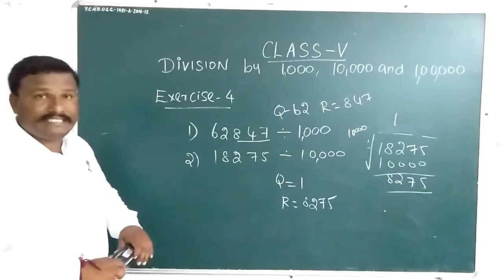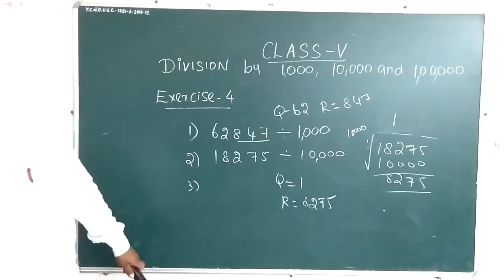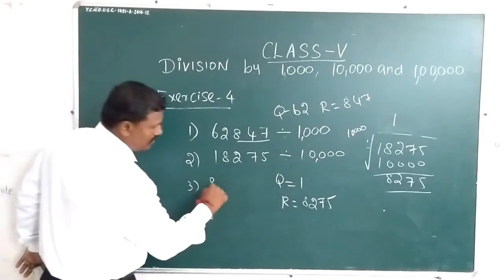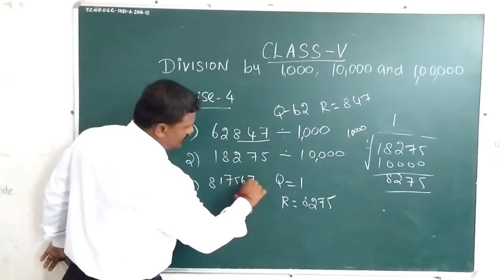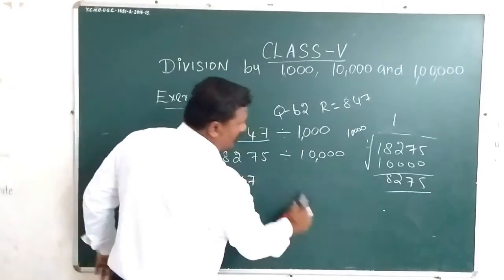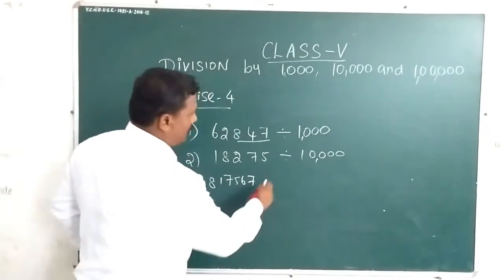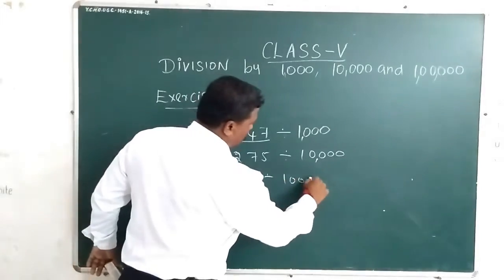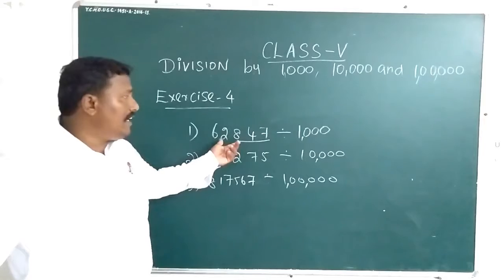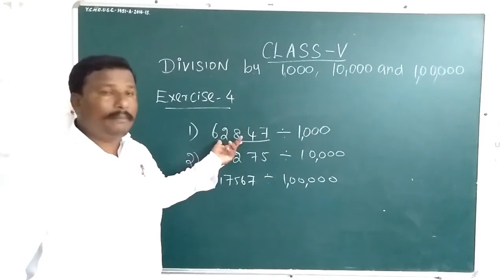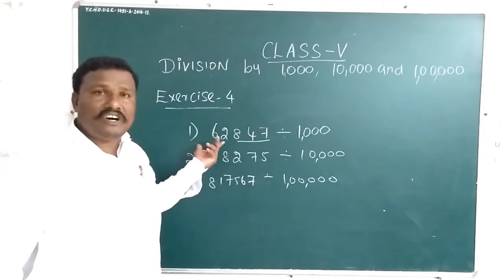So let me take another example for lakhs. I told you when you divide any number by 1000, take the last 3 digits as a remainder, remaining digits are quotient.